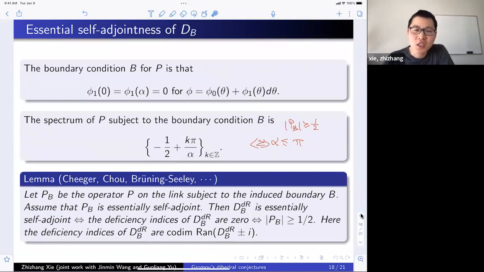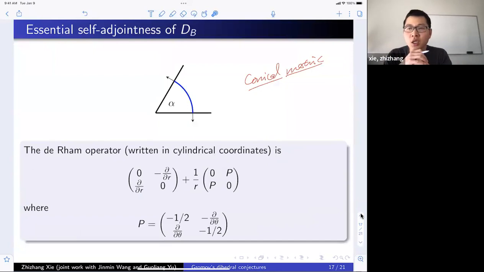In this business, even if it's not essentially self-adjoint, from this conic metric calculus, as long as the deficiency indices are the same, you can have many different self-adjoint extensions, and these correspond one-to-one to the symmetries between the two deficiency spaces.